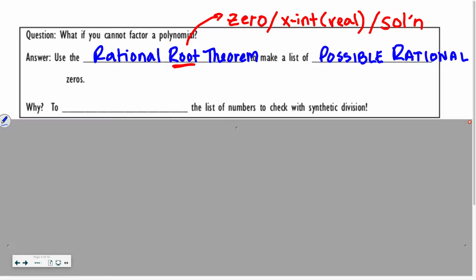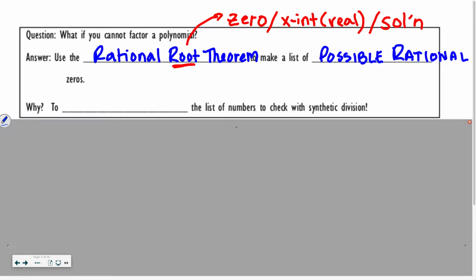Okay? What does rational mean in mathematics? Well, rational in context of anything in the real world might mean fair, but in math, what do we mean when we say rational numbers? It's a number that can be written as a fraction.